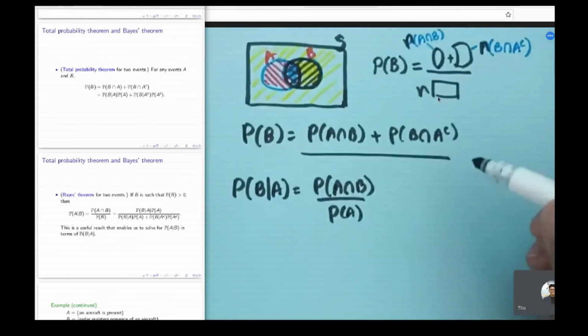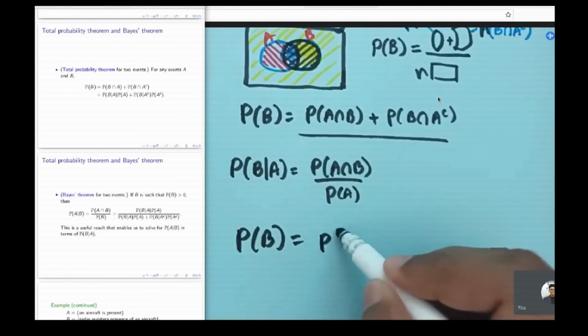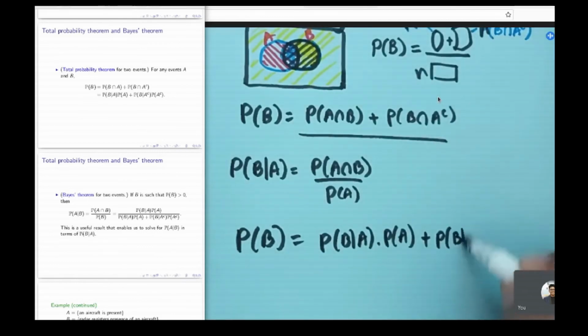So you end up with the probability of B is equal to the probability of B given A times the probability of A, plus the probability of B given A complement times the probability of A complement.